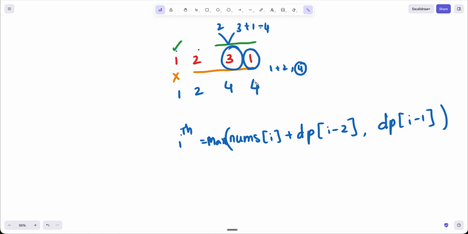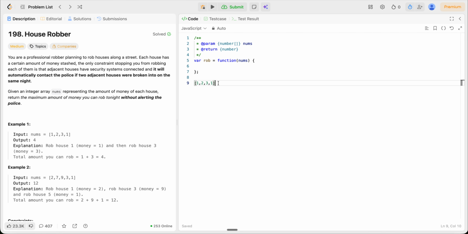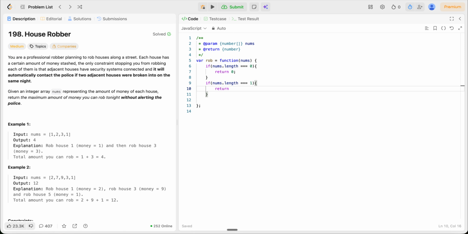So now let's try to code it up. So let's say if nums.length is equal to 0, that means we just have no houses, so we will just return 0. If nums.length is equal to 1, then we will return nums of 0, the same element.